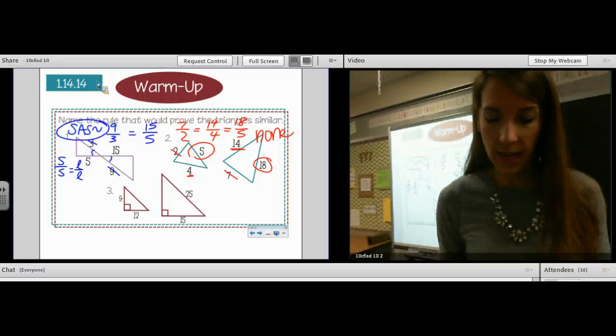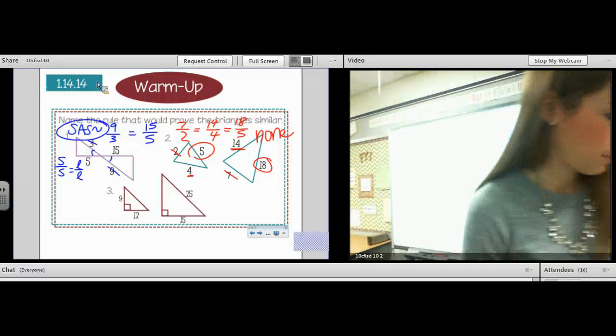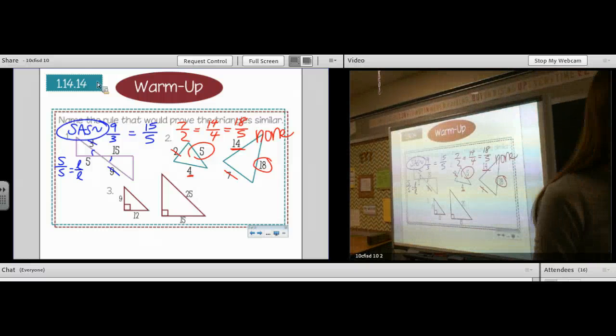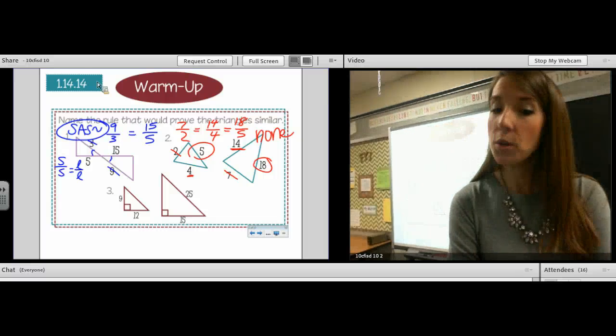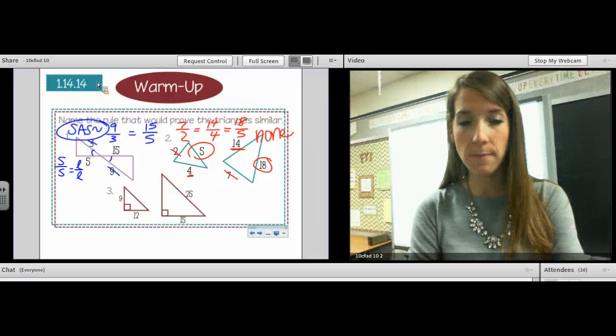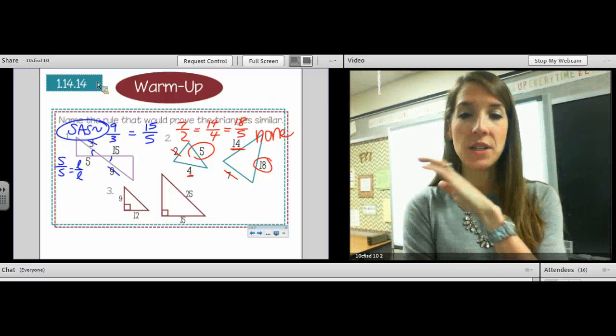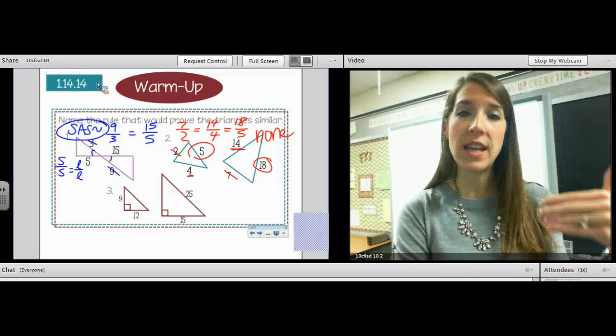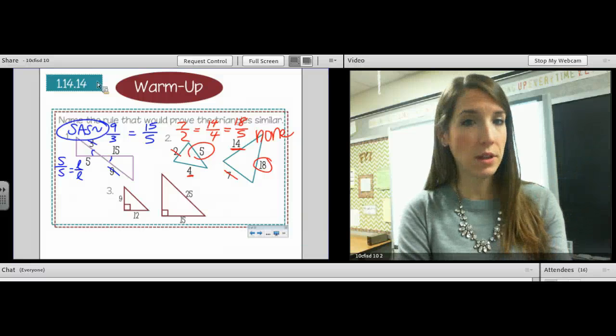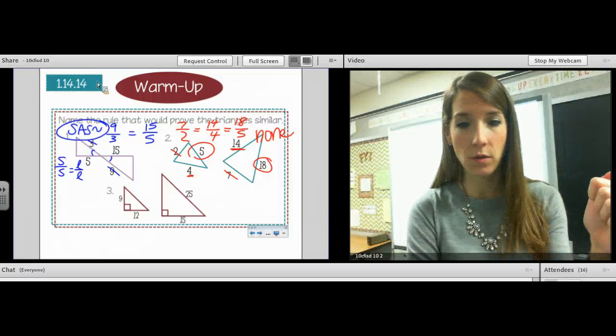And number 3, Hussein. What'd you get for number 3? You do not have to put second over first, Yeji, because I don't see the word scale factor anywhere. So I was putting second over first just to stay consistent, but you absolutely don't have to.